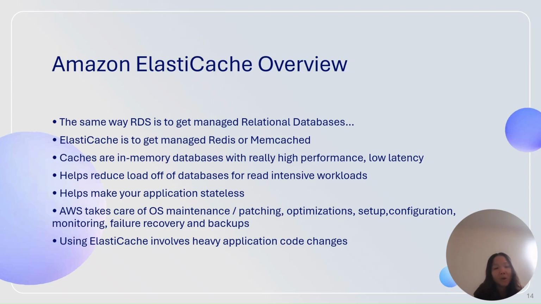They help reduce load off databases for read-intensive workloads and help make your application stateless. AWS takes care of OS maintenance, patching, optimization, setup, configuration, monitoring, failure recovery, and backups. Using ElastiCache involves heavy application code changes.